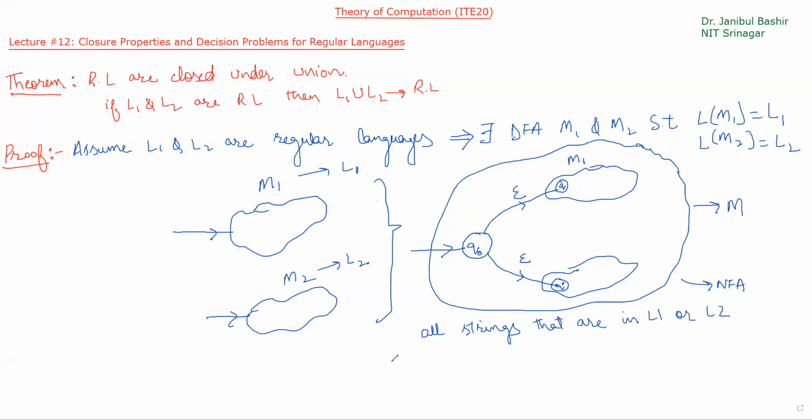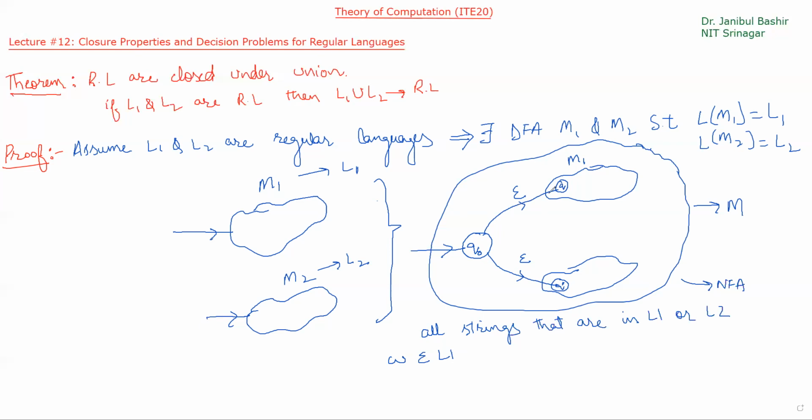So let's take some string W, where W belongs to L1. Let's see whether this NFA accepts this W. Initially we are in Q0. Now it has the choice to move to this NFA or this NFA, because there is an epsilon transition.